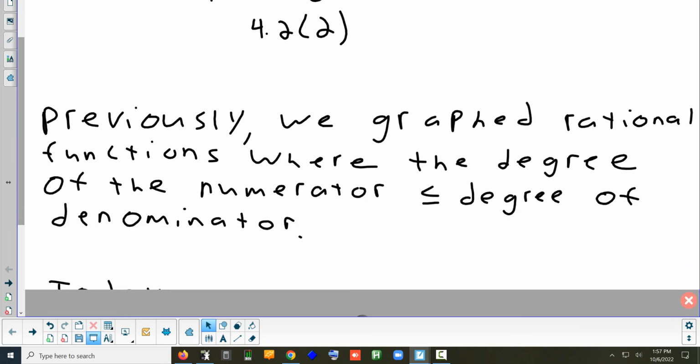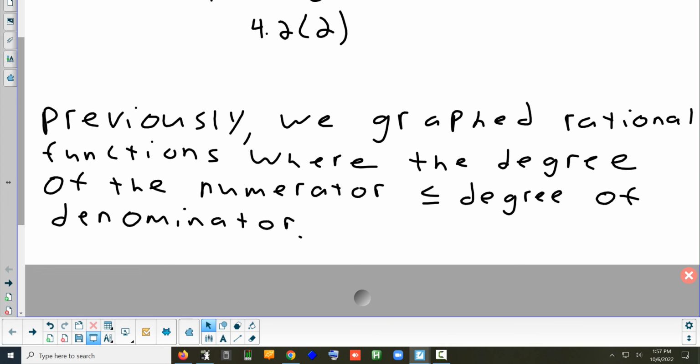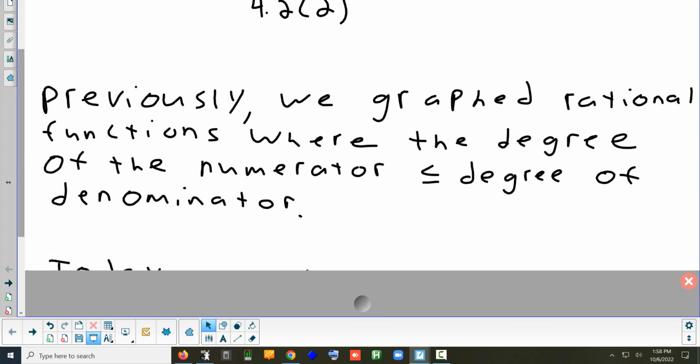And the type of graphing we did yesterday, the degree in the top was always bigger or equal to what was in the bottom. So we might have graphed something like this.